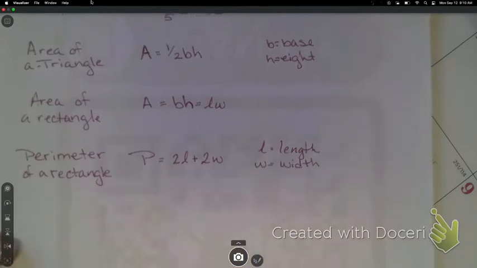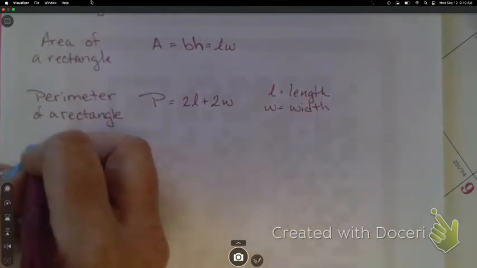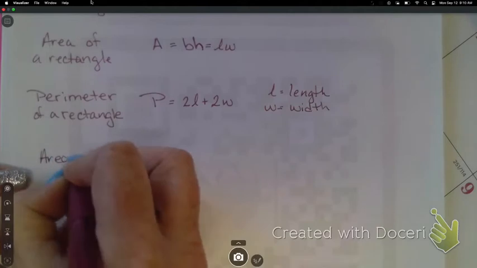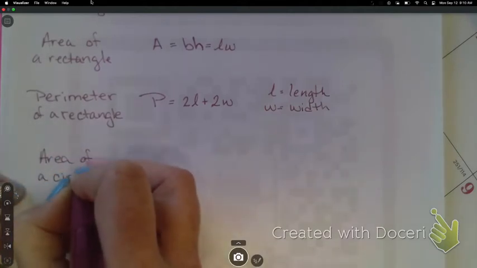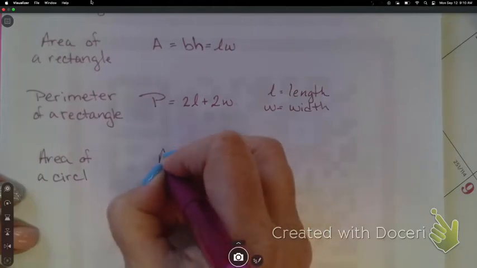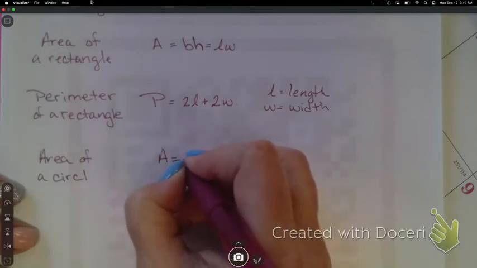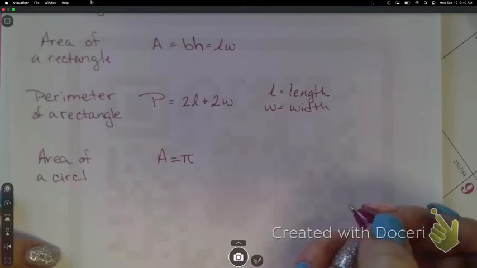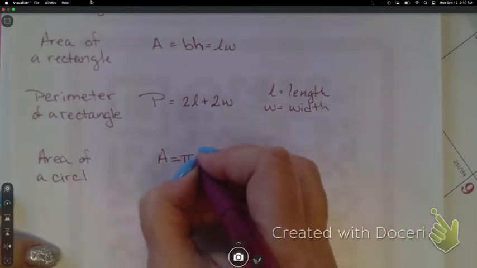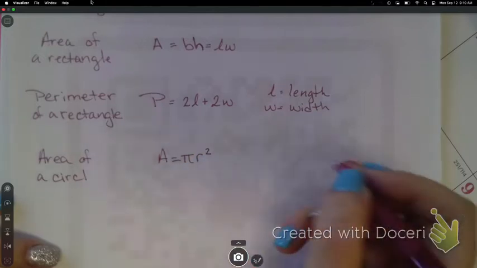Area of a circle. So area equals, I'll start it off with pi. Then what? And then the radius squared.